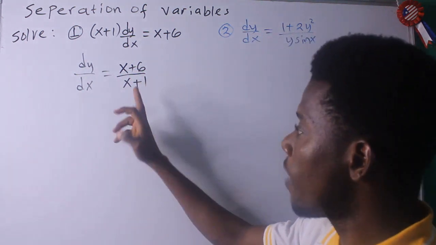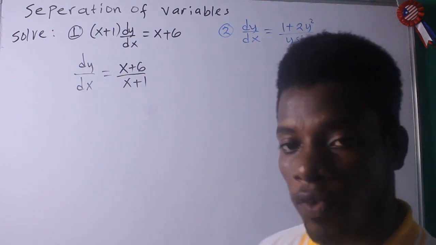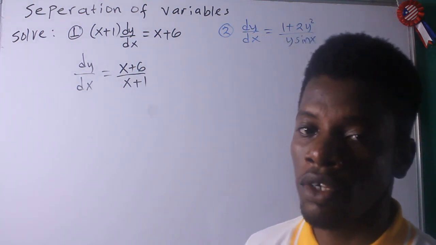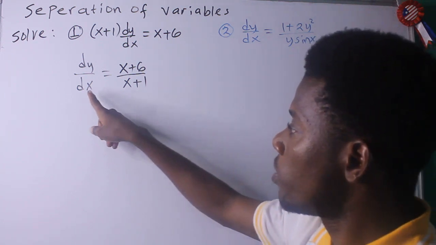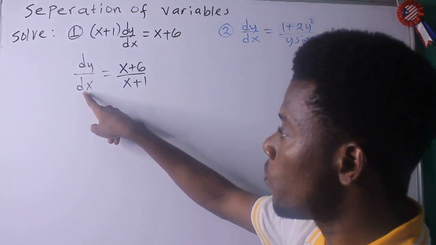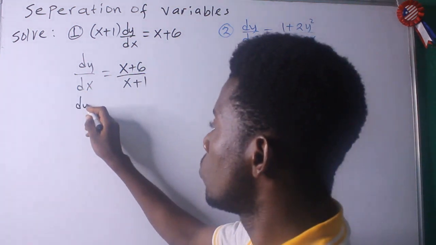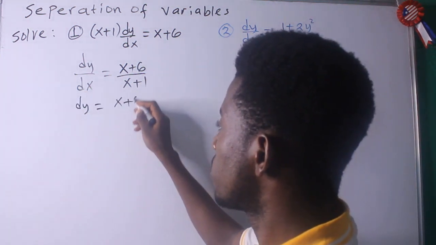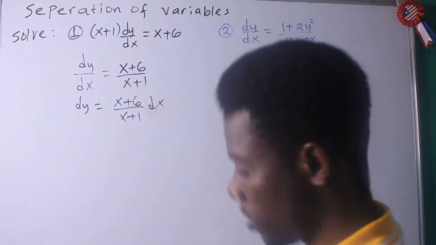And then once you have this, it appears in the form in which our differential equations appeared in the previous videos. So if you haven't seen those videos, check them out. What we're going to do here is multiply this side by dx. So we have dy is equal to (x + 6)/(x + 1) dx.